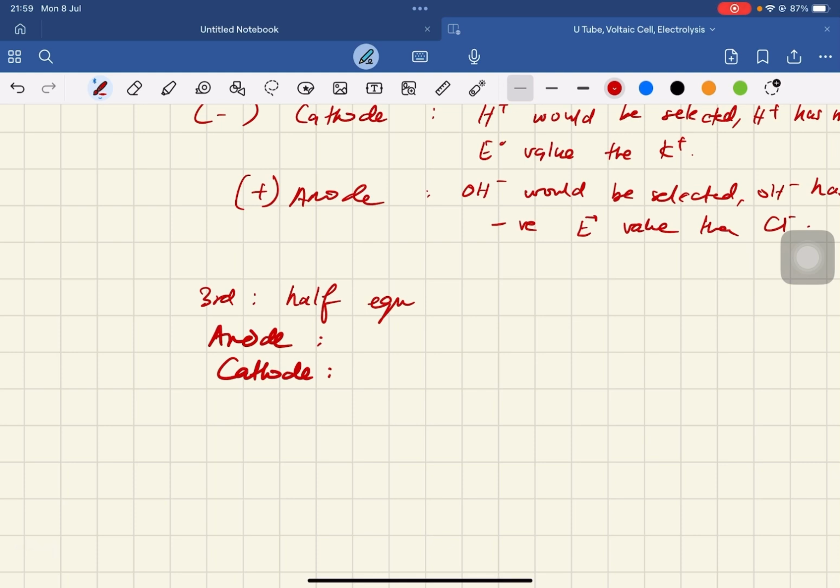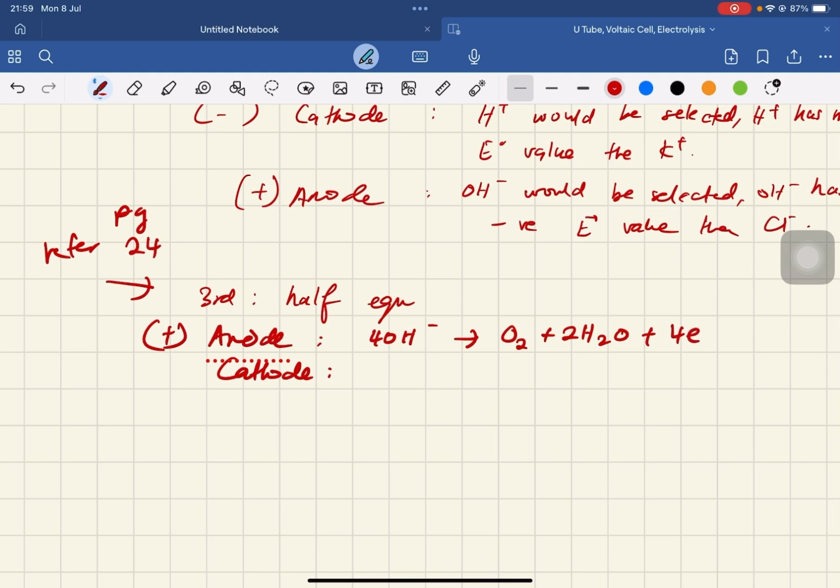Please check page 24 and just copy back, like we discussed from last class. Nothing new. And at the cathode, as usual, it will receive. If one party donates, one party will receive.